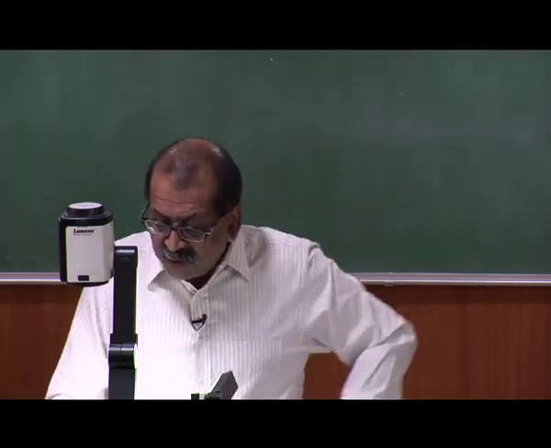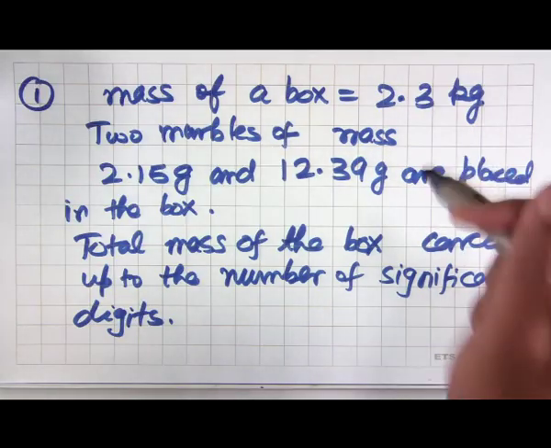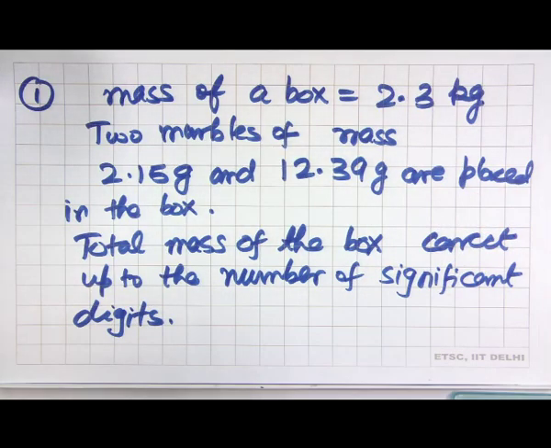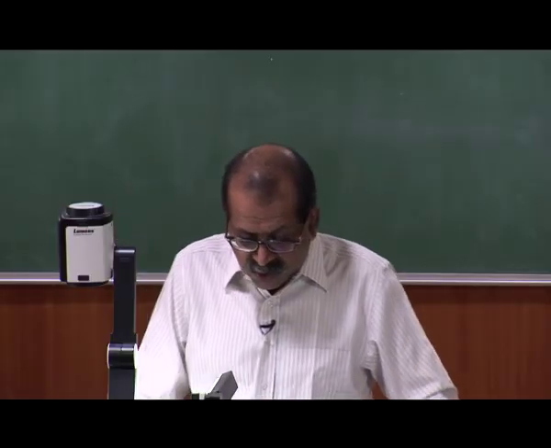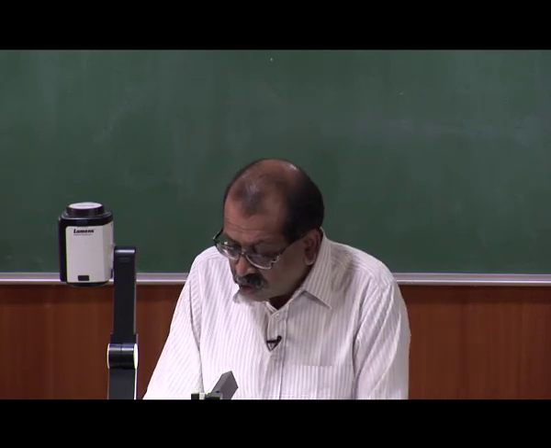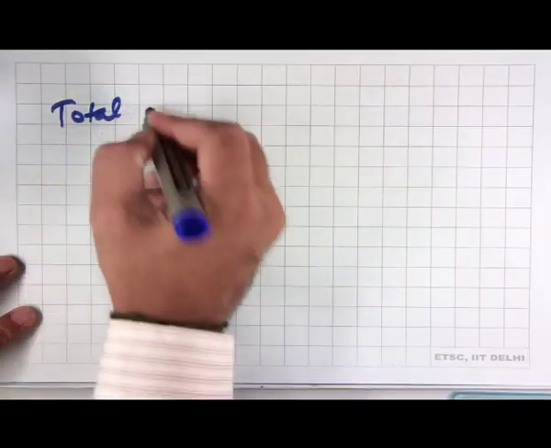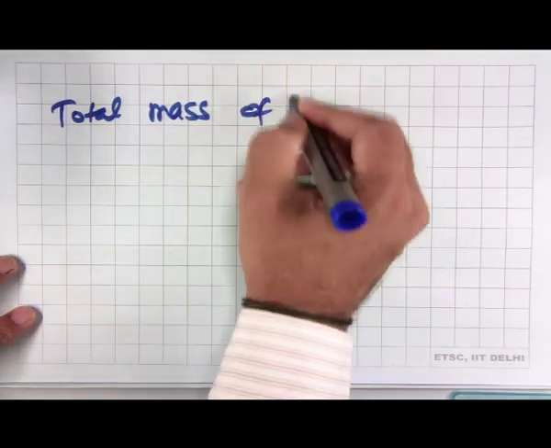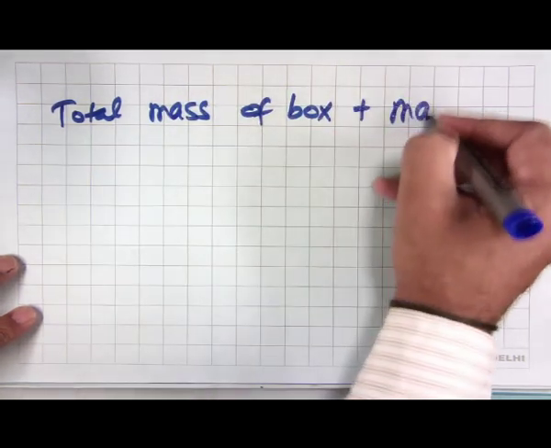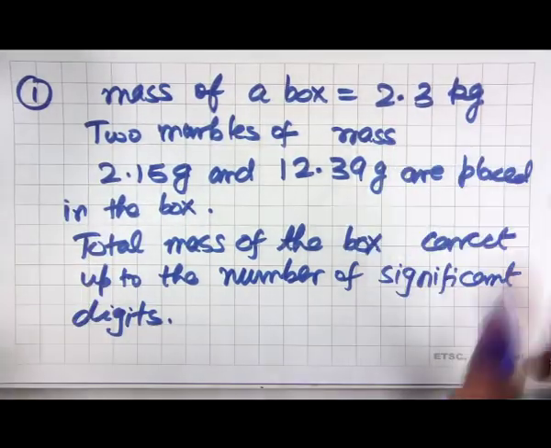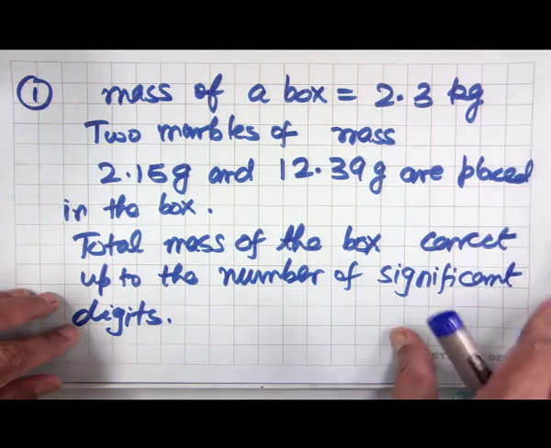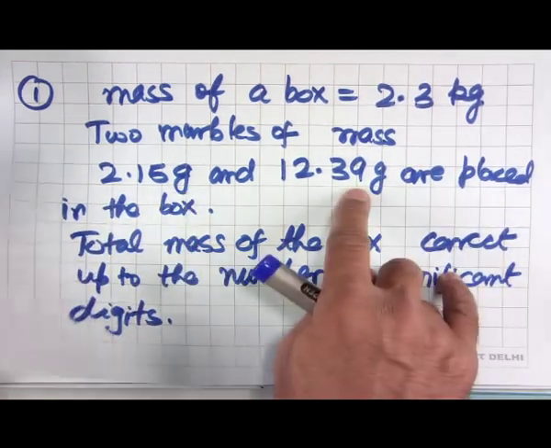Now when we look at this problem, we realize that the units which are given are different. So, the first thing we have to do is convert everything to the same units. Let us work this out. We convert everything to kgs. So, the total mass of the box plus the marbles. Let us look at the original problem. The mass of the box was 2.3 kgs and the marbles were 2.15 grams and 12.39 grams.